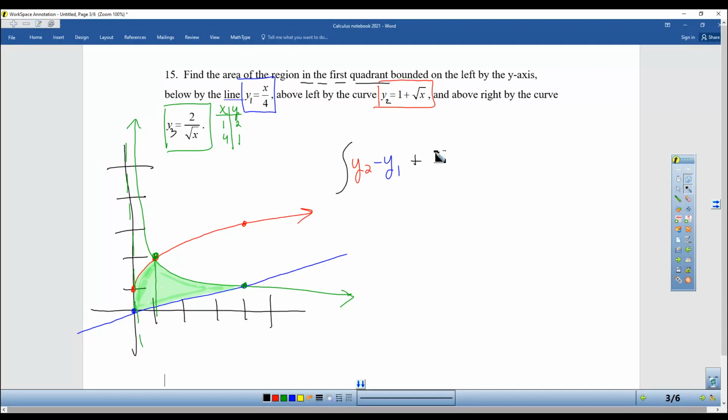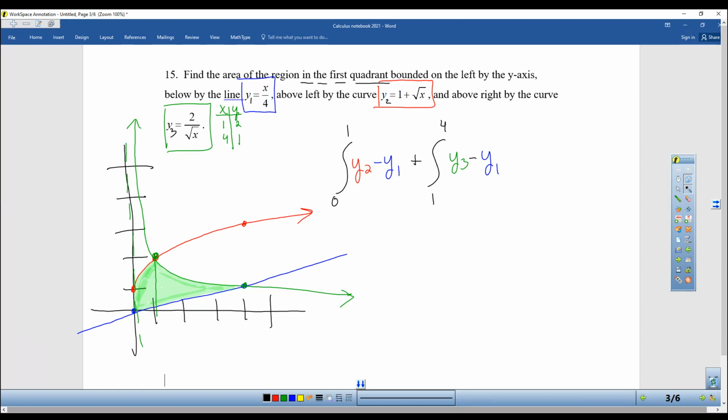And then for the next section, the green graph, so you really couldn't have done this without graphing, y3 minus y1 again. I do need to find the points of intersection, although in this case, I made such a good graph. I was trying to be so careful. I actually know them. So this one's going to go from 0 to 1, and then from 1 to 4.